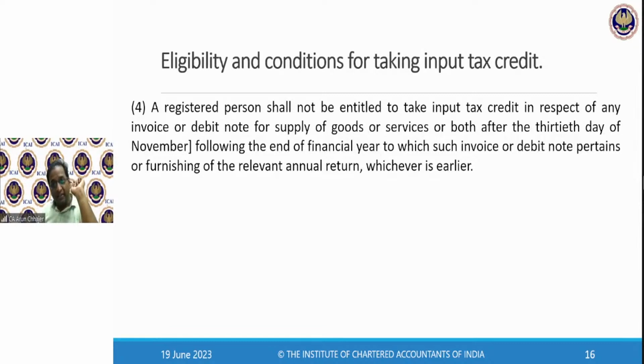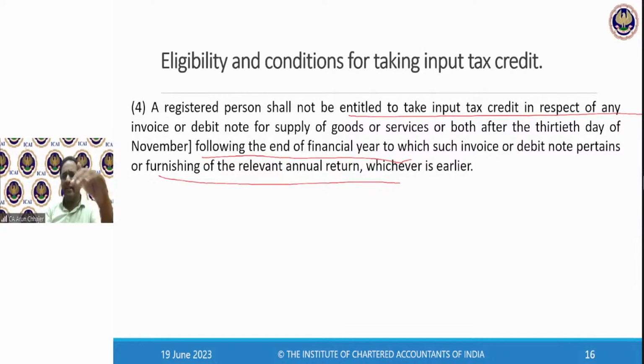What is the last date to take the ITC? See, ITC is not open-ended. It is not that whenever you want, you can take the ITC. There is a time limit by which you should take the ITC. What is the time limit? After the end of the financial year, till 30th November, or the furnishing of the annual return, whichever is earlier.